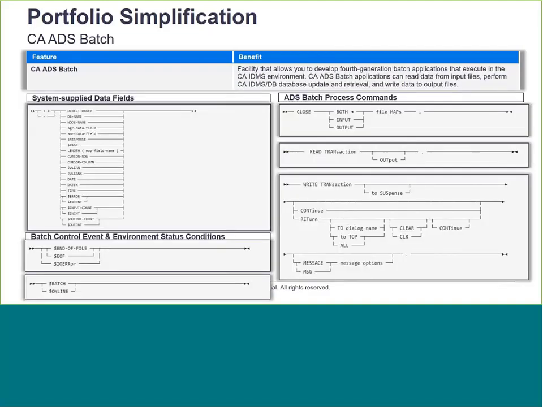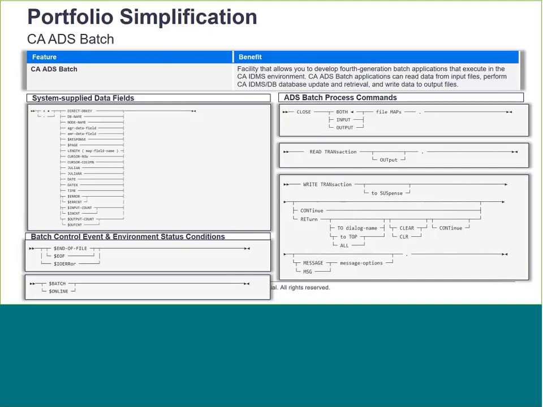And another add-on for ADS is the ability to run ADS in batch. As you probably know, ADS itself is really an online system. It was originally designed to provide an easier way to develop online applications than writing in COBOL. It's a little bit higher level language than COBOL, sort of a 4GL. But the real value add was the integration with mapping, and it was much simpler than some existing mapping solutions.